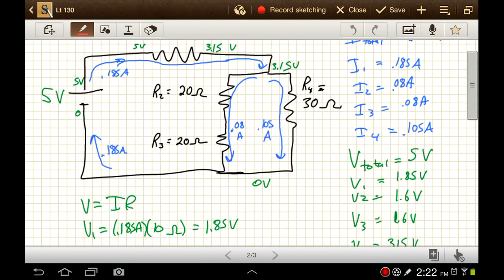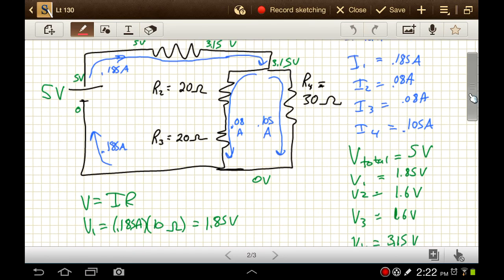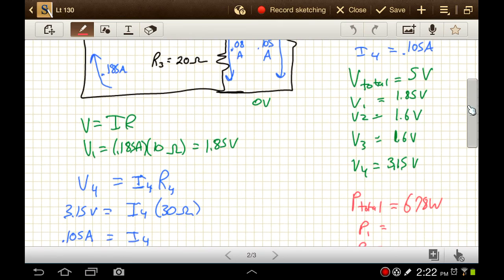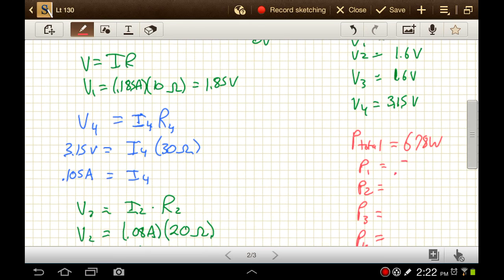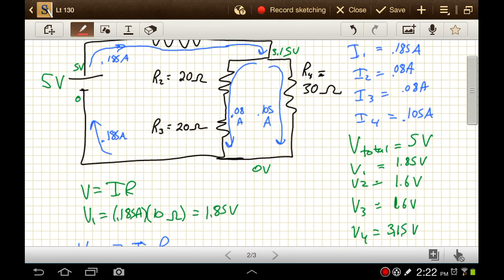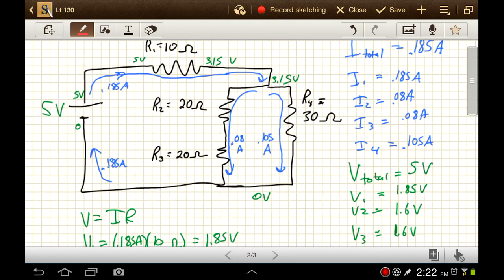So for the first one, we have 0.185 times 1.85 gives us 0.34 watts. Alright, the second one, we've got 0.08 times 1.6 gives us 0.128.